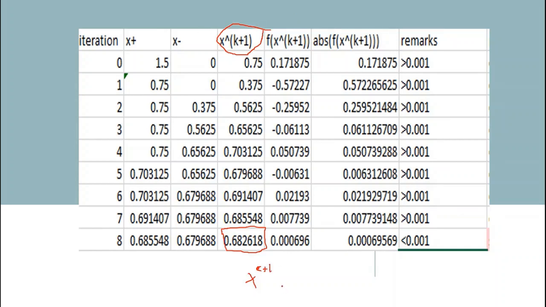So, therefore, that is x raised to 8 plus 1. So, we have at the 9th iteration, our answer is this. So, this is 0.6826 and 18.